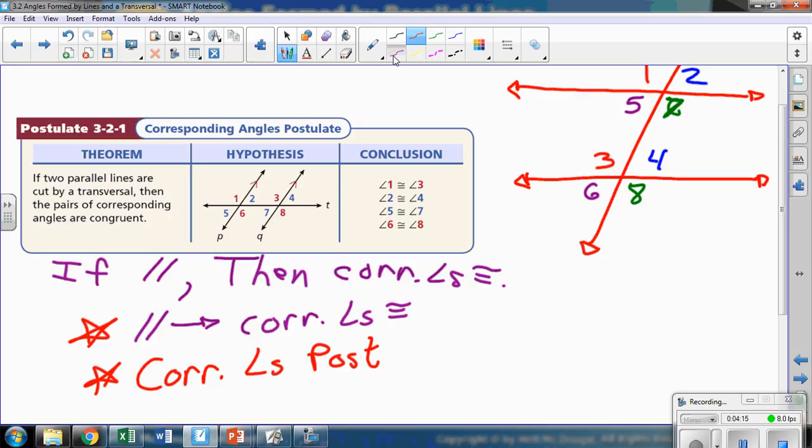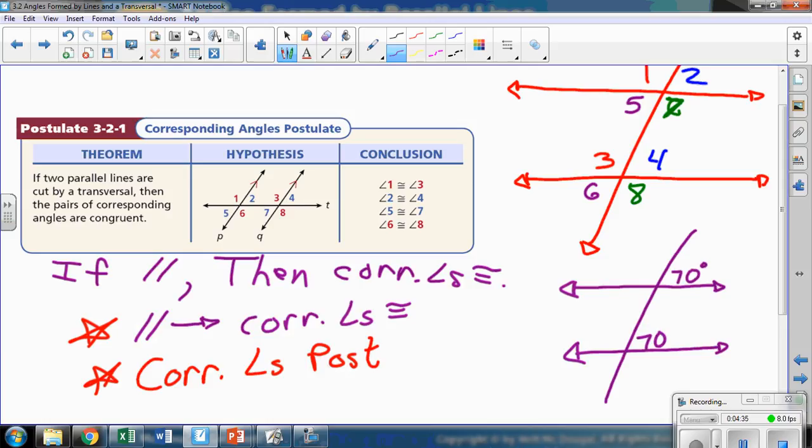Now, why is this true? Think about it this way. Suppose that we've got these two lines, and I already know that this is a 70-degree angle, and down here it's a 70-degree angle.